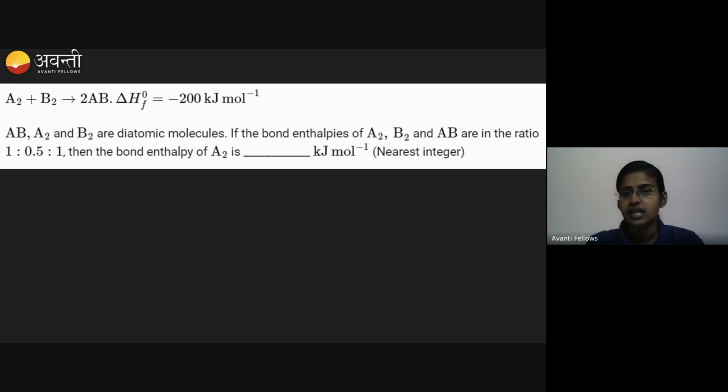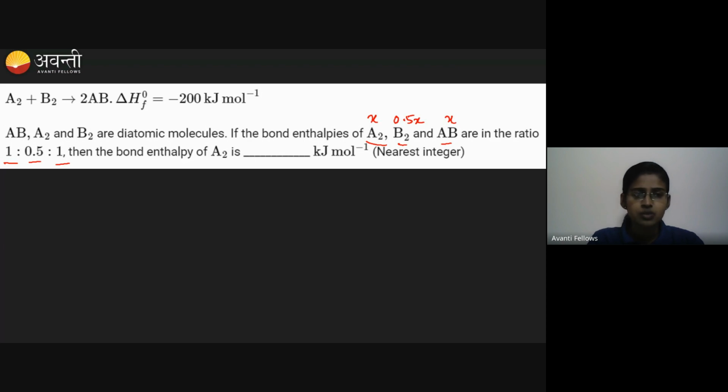If the bond enthalpies of all these 3 molecules are in the ratio 1 is to 0.5 is to 1, then what is the bond enthalpy of A2? So let me take the bond enthalpies of these 3 as X, 0.5X and X, because it is given in that ratio, right?